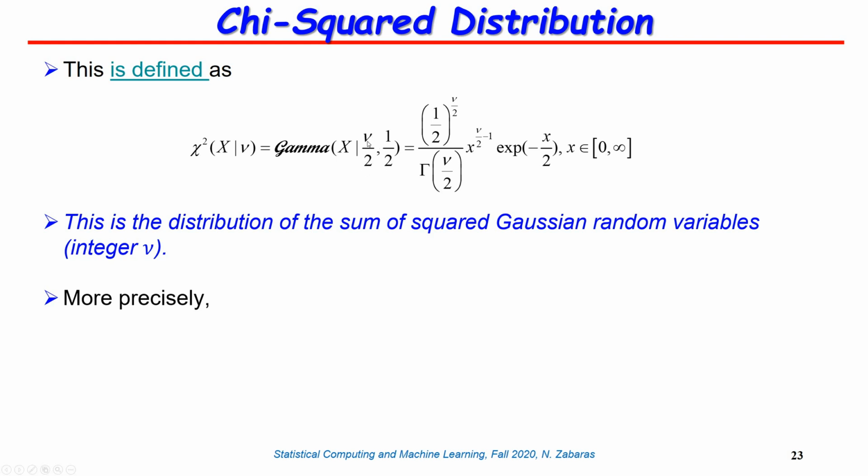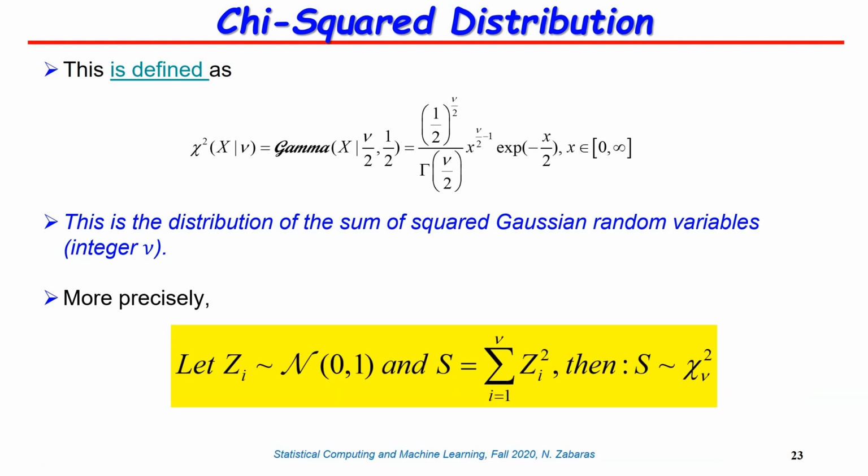If nu happens to be an integer, you get the following amazing result: if you take little nu standard Gaussian random variables, and you form the summation of their squares, then this sum follows a chi-squared distribution.